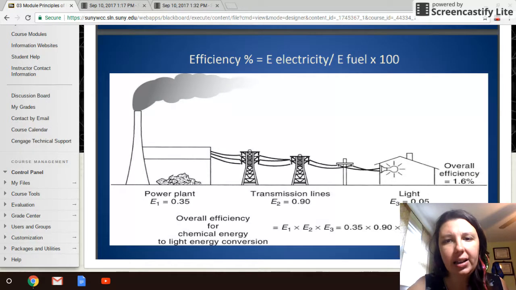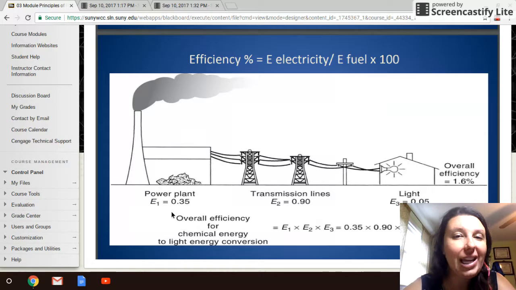This is talking about the efficiency and the overall efficiency of that light bulb. If you take it all the way from the power plant and you move it through the actual production of electricity within the plant, so we're putting it through a generator system, it's going to be the fuel, which is burning. The burning fuel is heating water. The water is turning steam turbines.